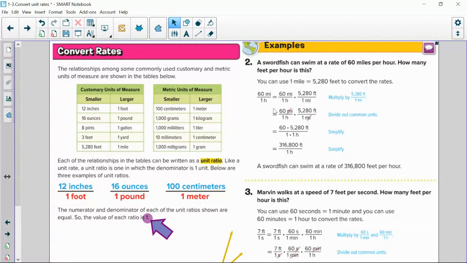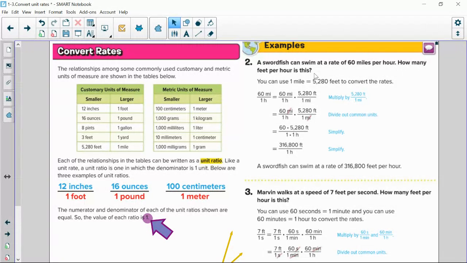All right, so on the next page, we have example number 2 with our swordfish. Okay, this is page 27 of our textbook. So if a swordfish can swim at a rate of 60 miles per hour, how many feet is this per hour?